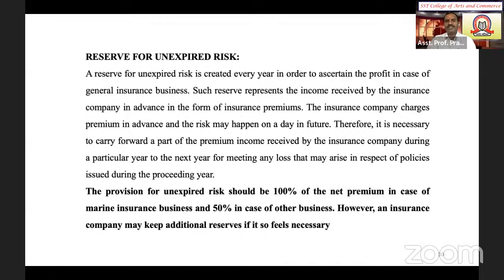Sometimes the objective will ask: on marine insurance, what percentage of net premium is charged? 100%, and for fire insurance 50%. So keep it in your mind or note it down. Surely the objective question will ask, or match the following, or true or false.